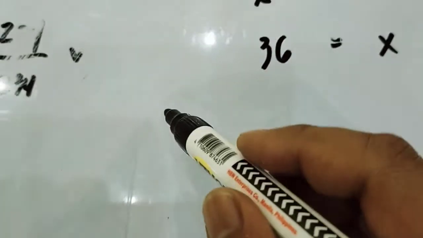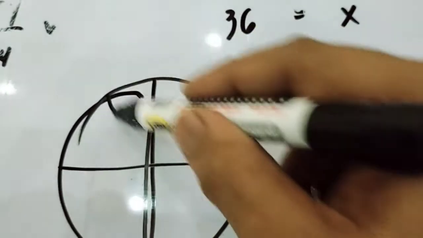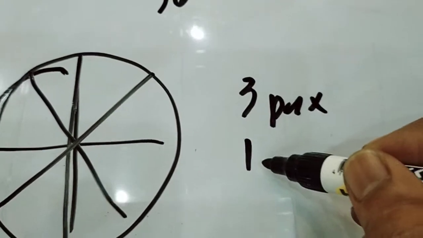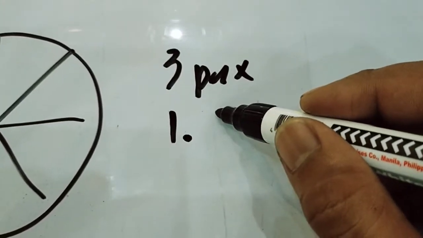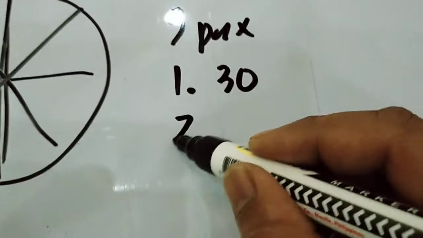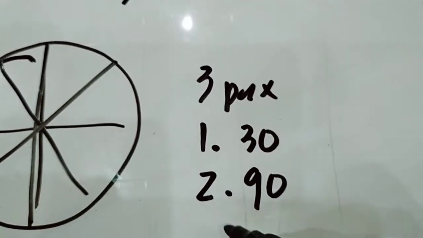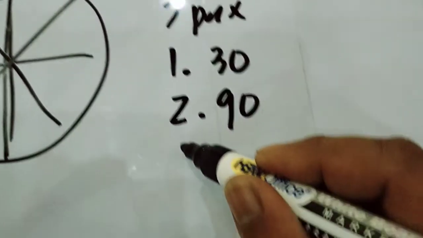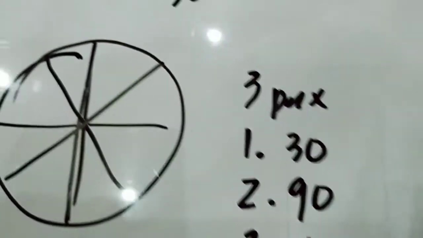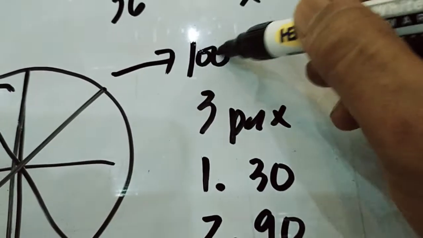So we have here a pizza, divided into, for example, 8. But there are only three of you. The first person paid 30, the second person paid 90, and the third person paid 120. The pizza costs 1,000 pesos.